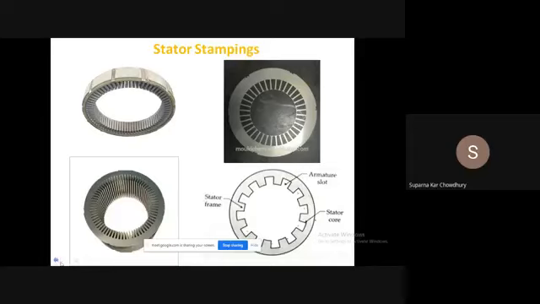For the axial duct, there will be holes in the stator core, and when we assemble all the laminations, a duct is created throughout the length parallel to the shaft. That is the axial duct.